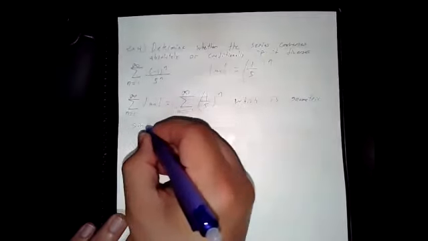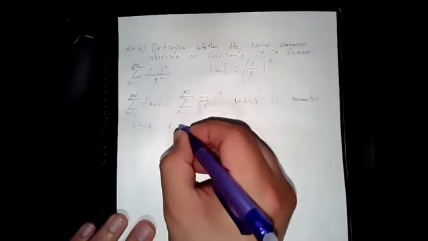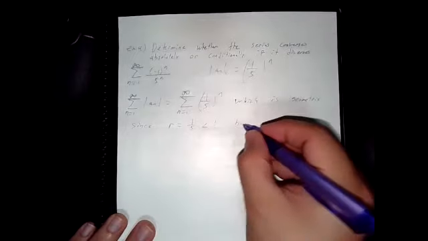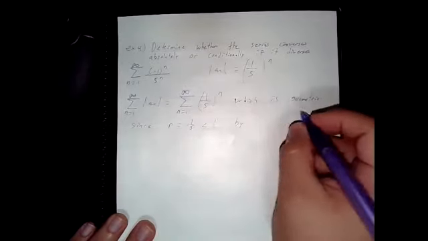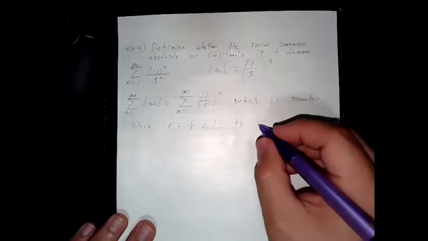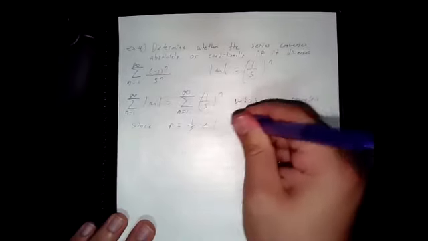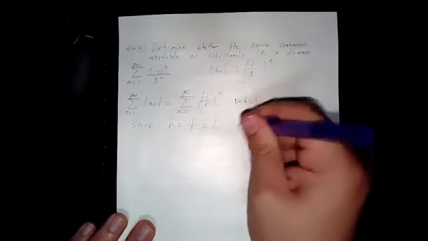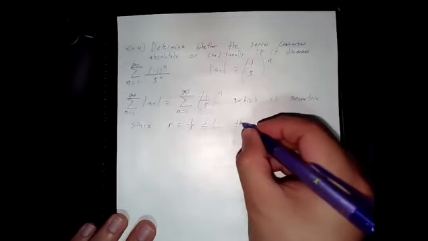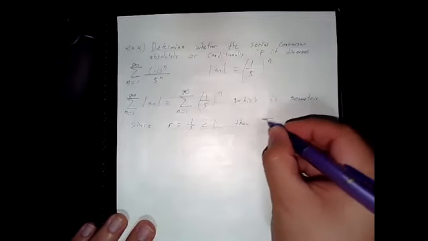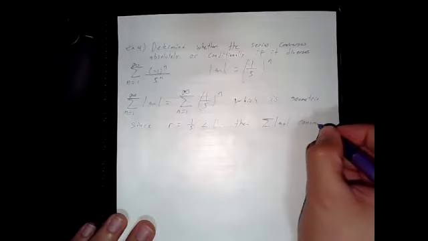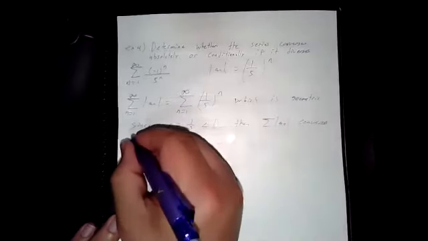So since r is equal to 1/5, which is less than 1 by the geometric series requirements, the series converges absolutely.